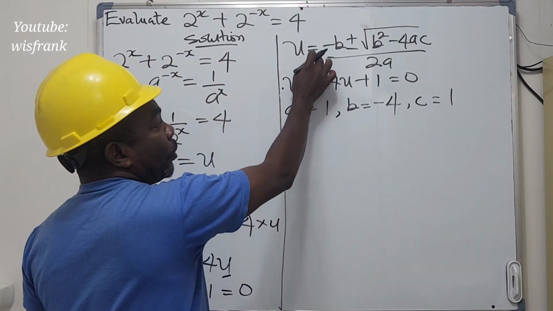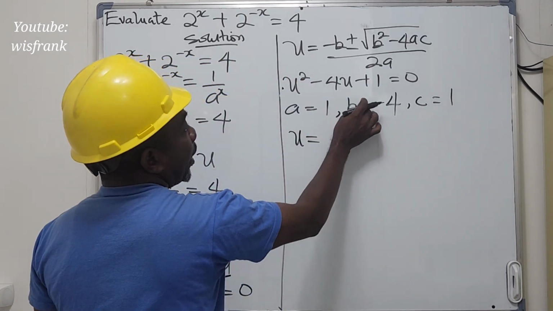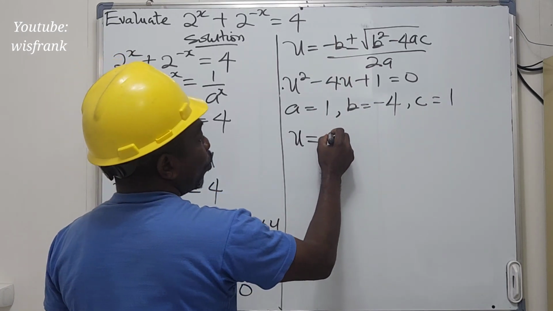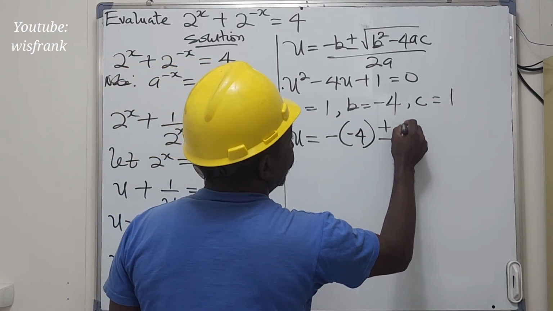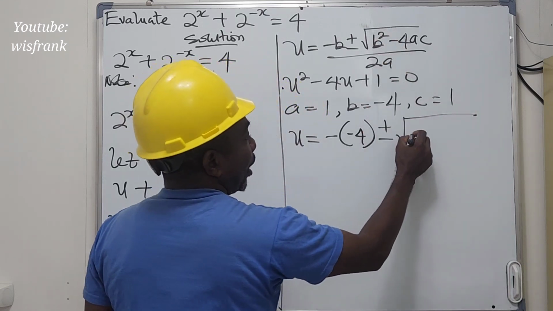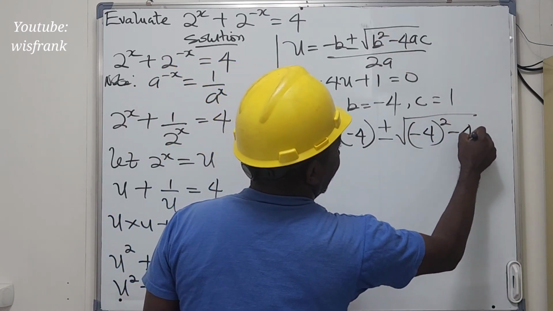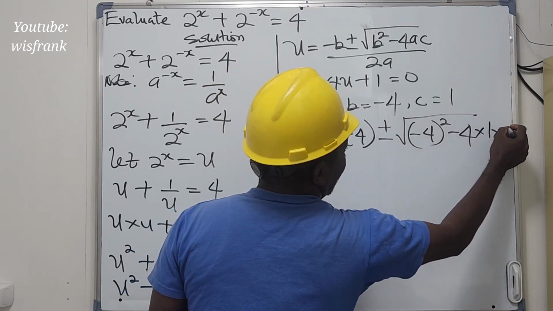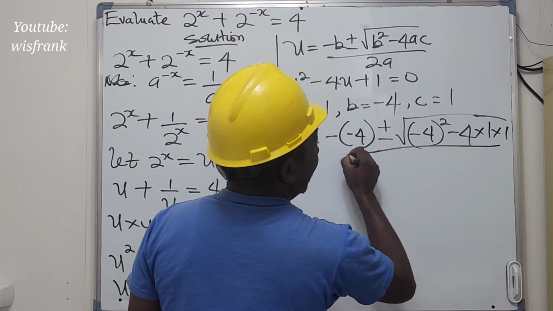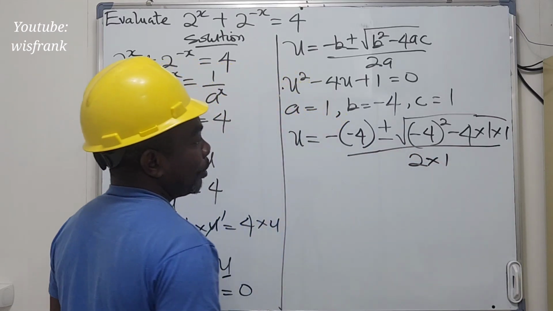Substituting these parameters into this quadratic formula, we have the value of u equals to, this minus b will become minus into minus 4, then we have plus or minus square root of b to the power of 2, which is minus 4 all to the power of 2, minus 4 times a, which is 1, times c, which is 1, all over 2 times a, which is 2 times 1.